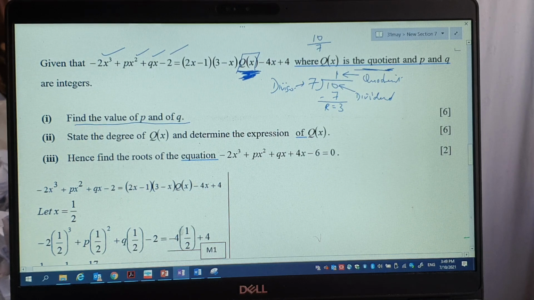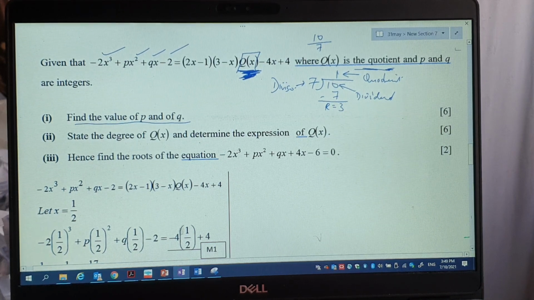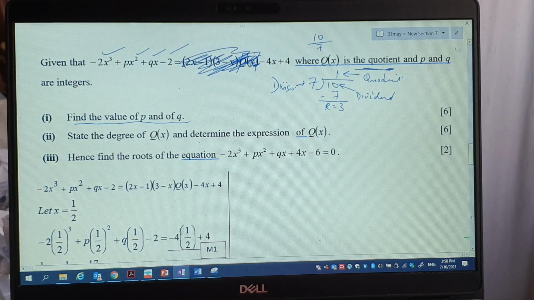If I know this Q(x), I will be able to do expansion, and then you compare something x cubed plus something x squared plus something x plus some number, then you can compare coefficients. But now I don't even know what Q(x) is. Then how to do? Very simple. Why very simple? Because since I don't know what Q(x) is, if I can totally ignore Q(x), then I can find the answer.